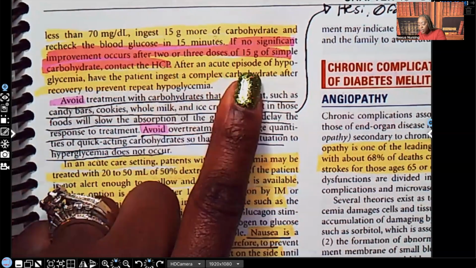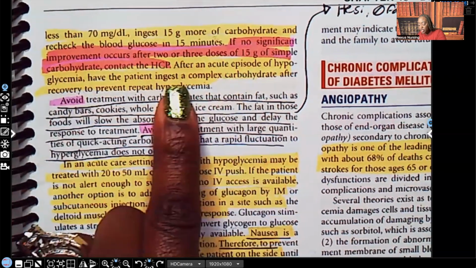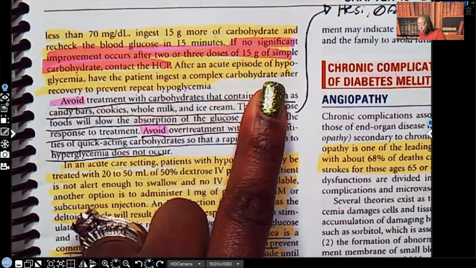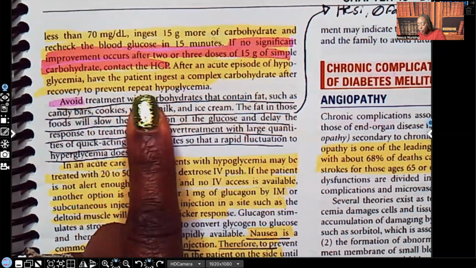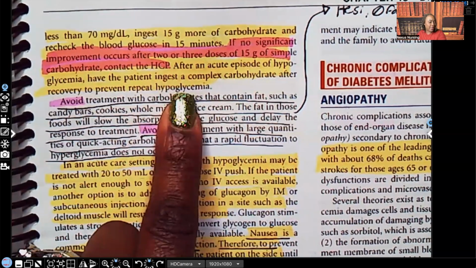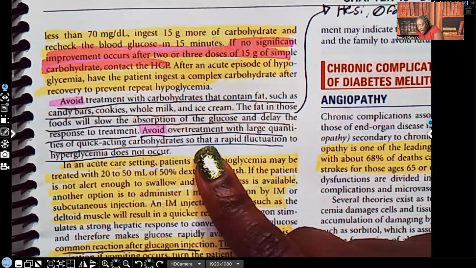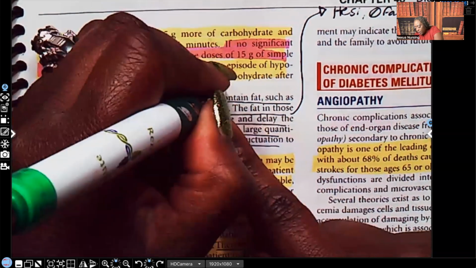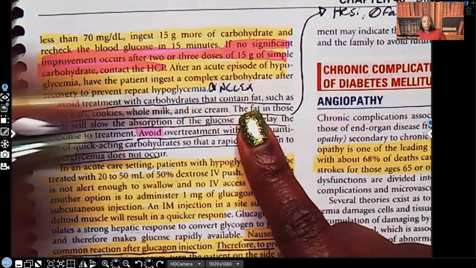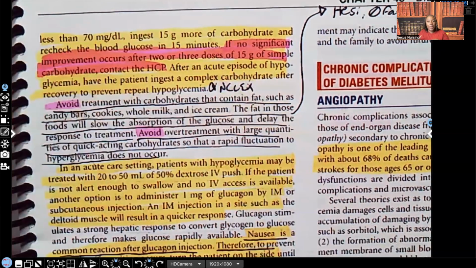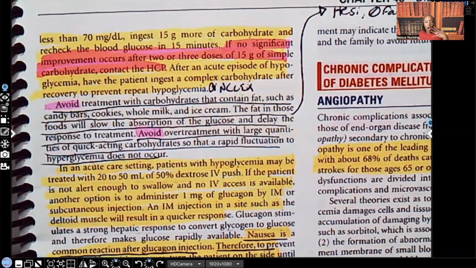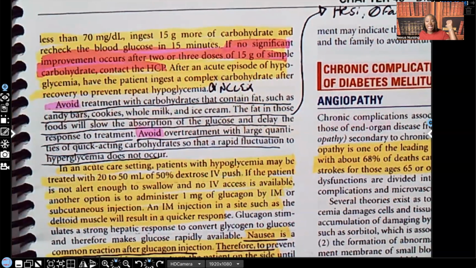After an acute episode of hypoglycemia, the patient ingests a complex carb after the recovery to prevent repeat hypoglycemia. That's actually on NCLEX. I don't know why I didn't put anything there. Let me explain that to you. Remember, that rapid acting carb is going to bring up your blood glucose, yes, but it's going to bring it back down.